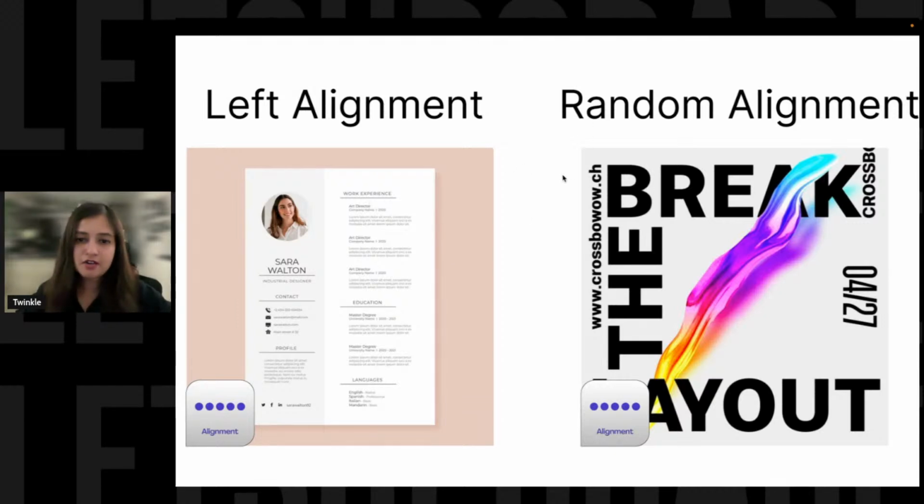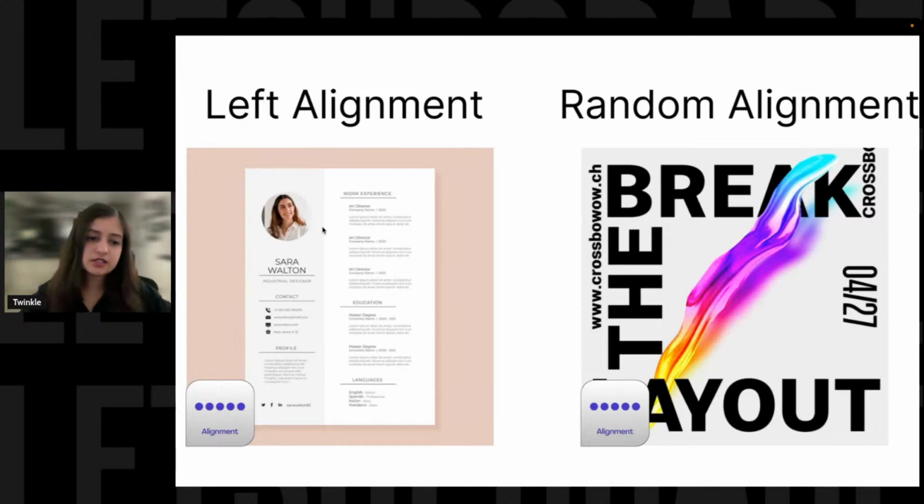It is either F or it is Z, right? These are the two most popular eye movements when we talk about reading content on any particular website or a digital poster or a print poster. All of that information is absorbed in these formats, right? So, to cater to that eye movement, we have to keep all of the information left aligned, right?